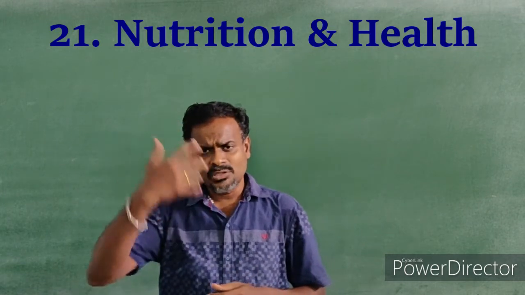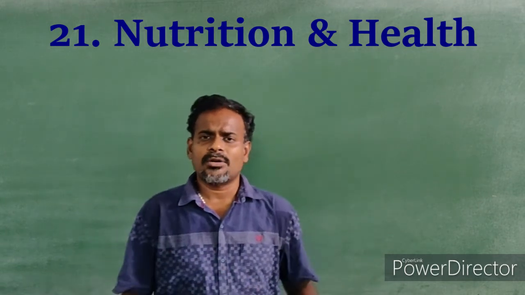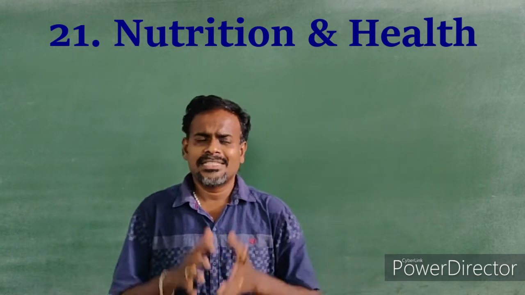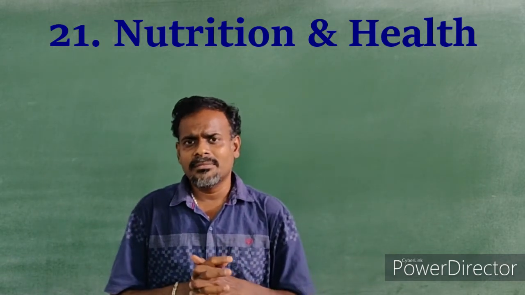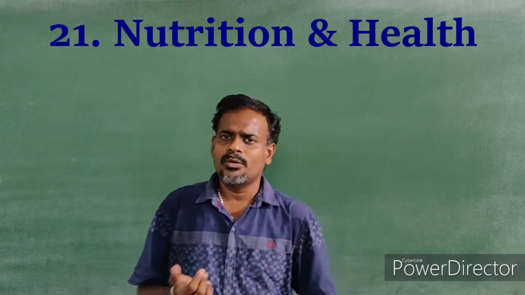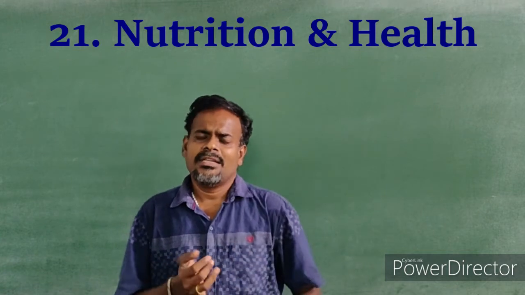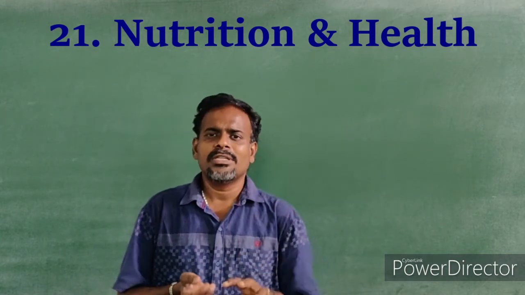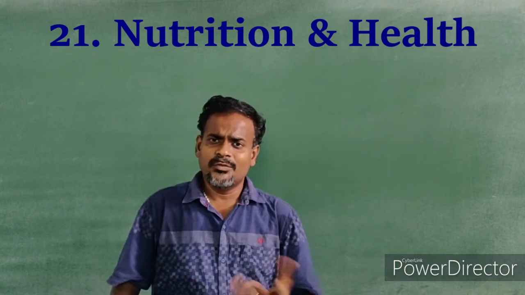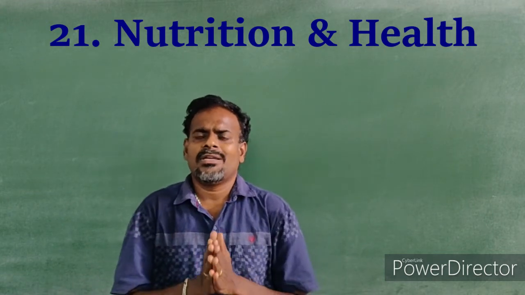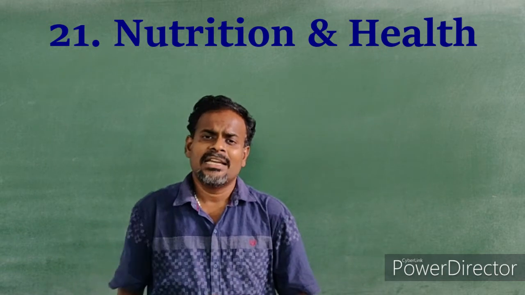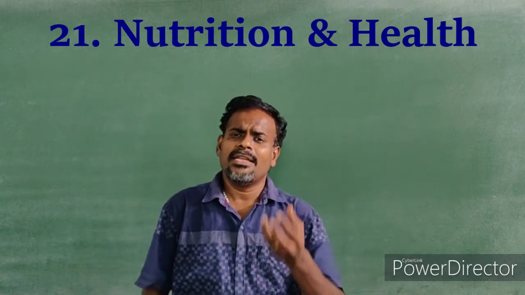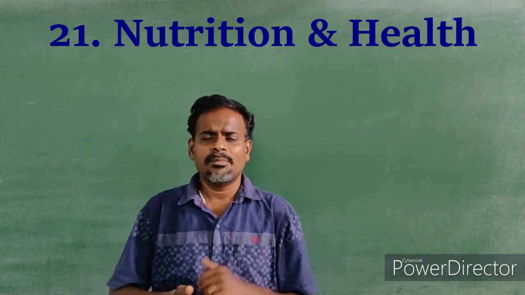There are a list of malnutrition disorders taking place all over the world. This may be mainly due to two reasons. One, poverty, and second, consuming more junk foods. Junk foods contain more carbohydrates or fats and lack important nutrients like vitamins and minerals.